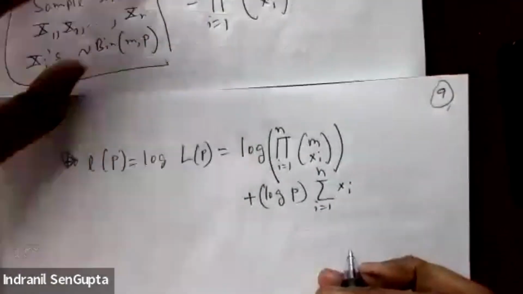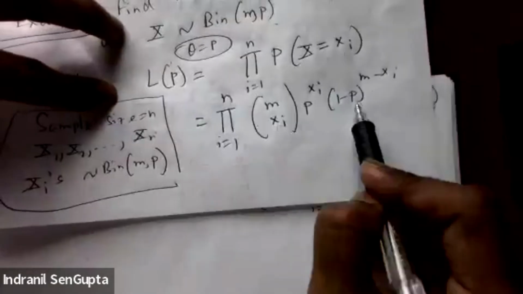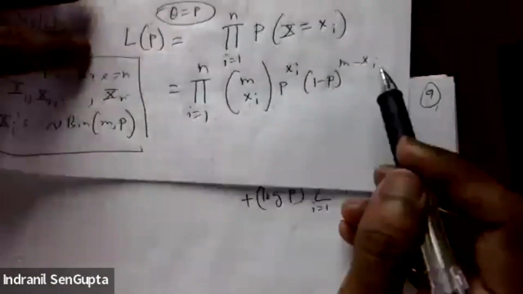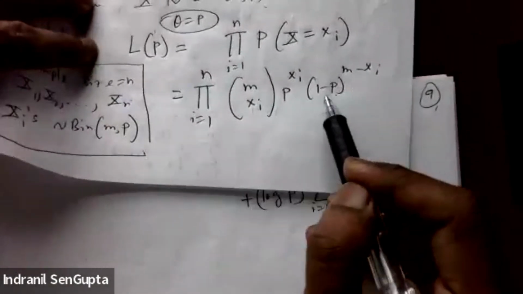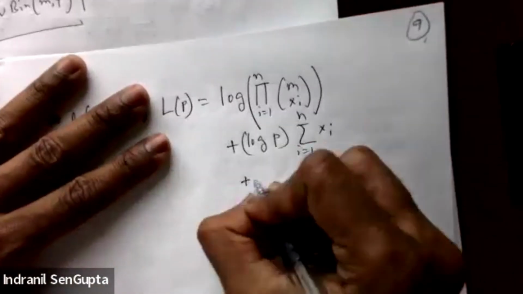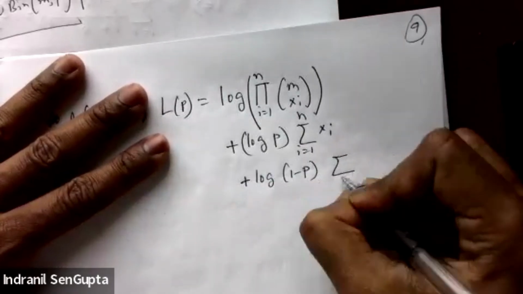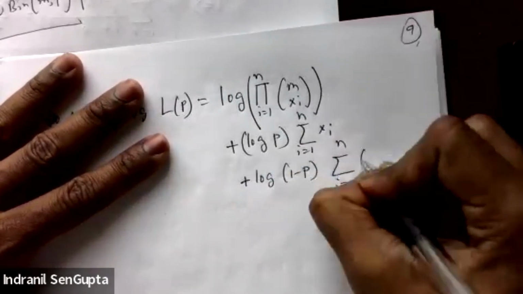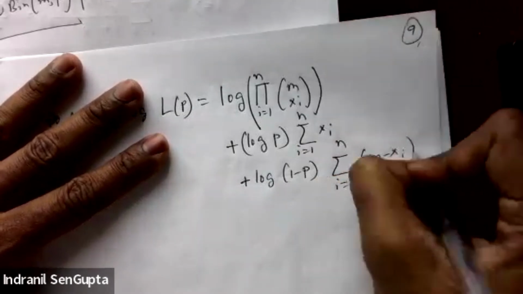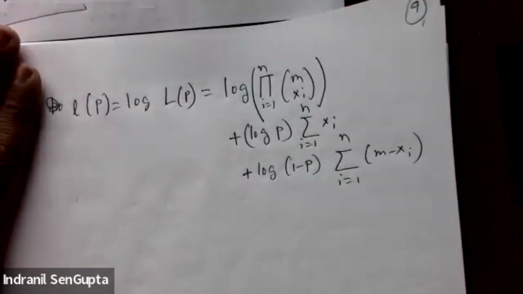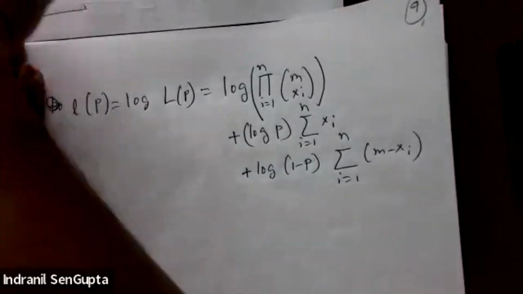And then the last term, so I'm just writing from here. The last term is, we have 1 minus P, log of 1 minus P, summation of this last term. Okay, so plus log of 1 minus P and summation I from 1 to n, m minus xi.